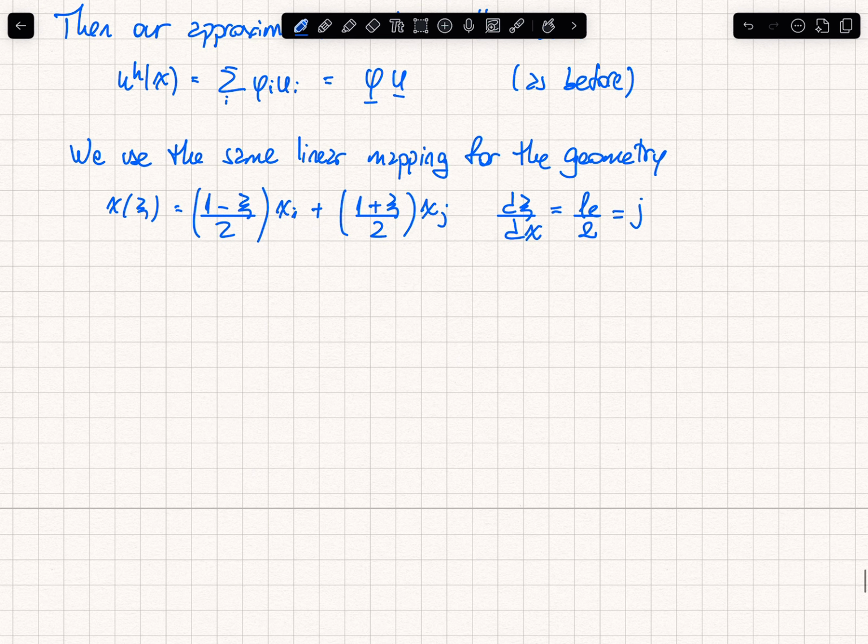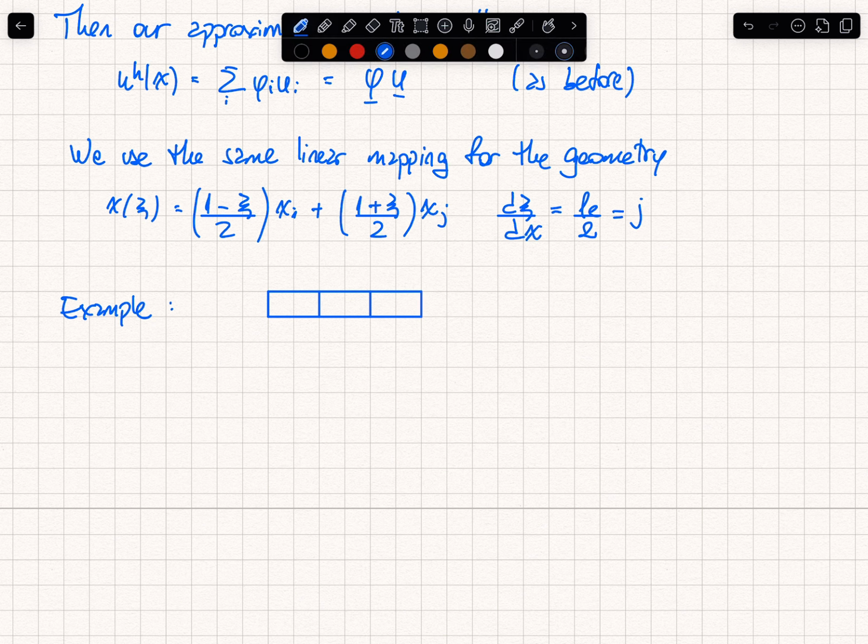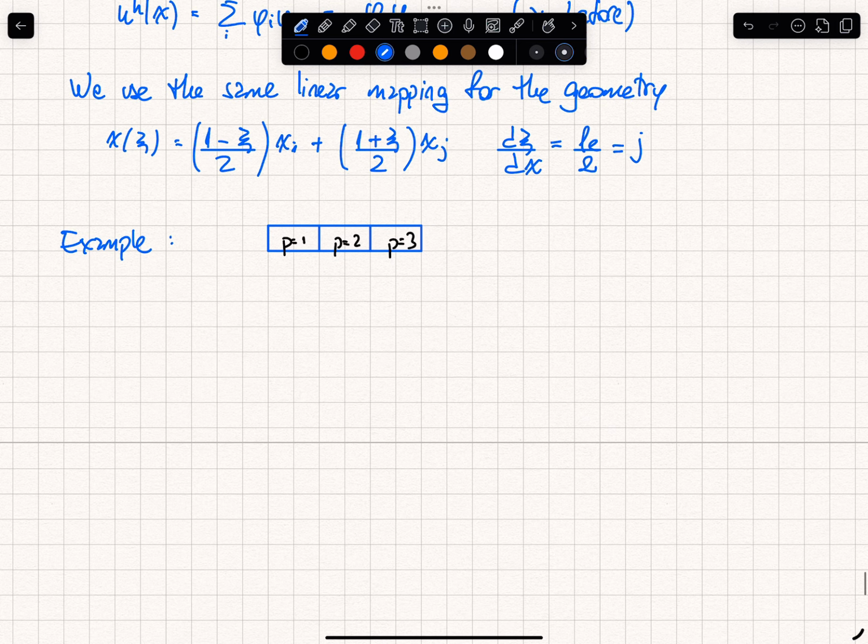Let's make an example so that you understand a bit how this is going to work in the code. So say we have a one-dimensional problem that looks like this. And somehow I want p equals 1 here, p equals 2 here, p equals 3 there. Okay? Well, let's see what are the functions that are acting.